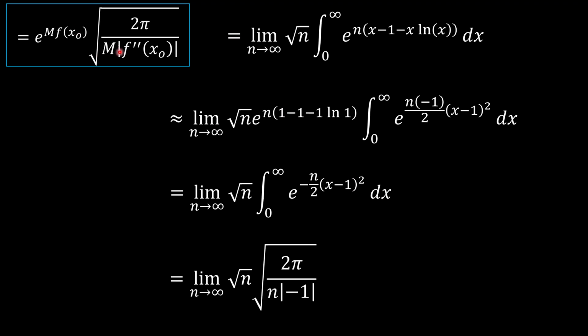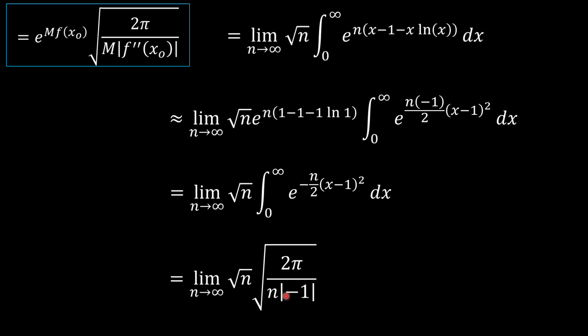We're just going to use this formula here, where f double prime of x naught, where x naught is equal to 1, is going to be the negative 1 here.